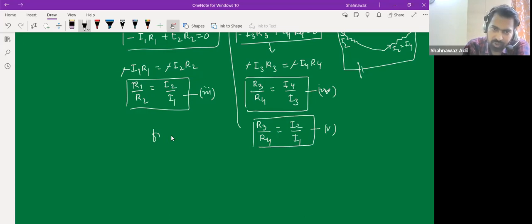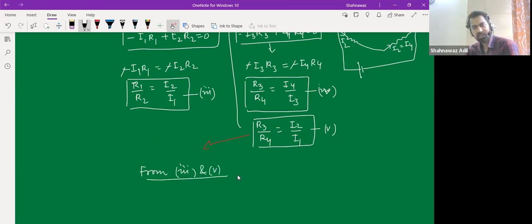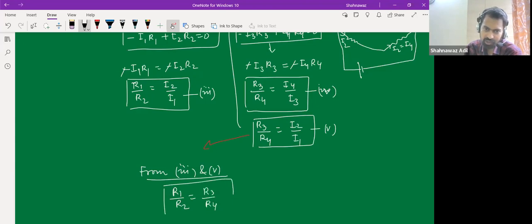From third and fifth, what can we say? R1 by R2 is equal to R3 by R4. Is that clear?